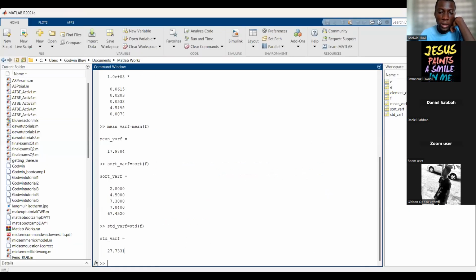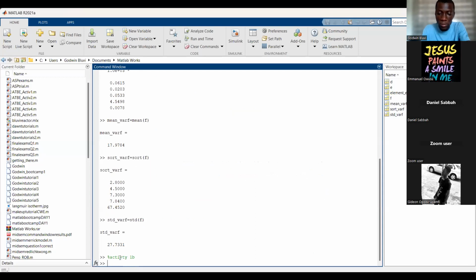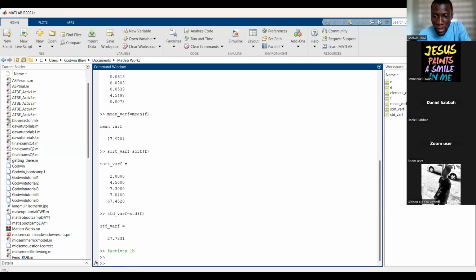So with this one, we are being asked to do something. Activity 1B. So the first one was V is equal to what? V is equal to 41, negative 3, 29, right? And I said you can ignore the square brackets.